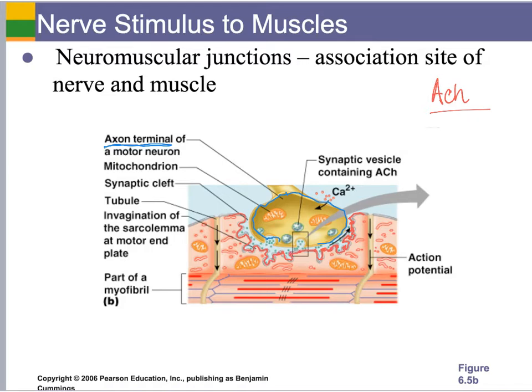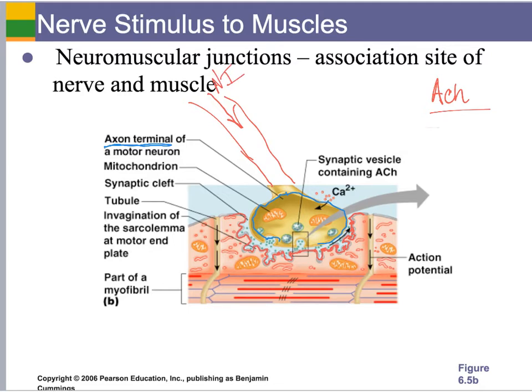Let's go over what happens. The nerve impulse is going to travel down the axon, and we can pretend the axon comes up here.